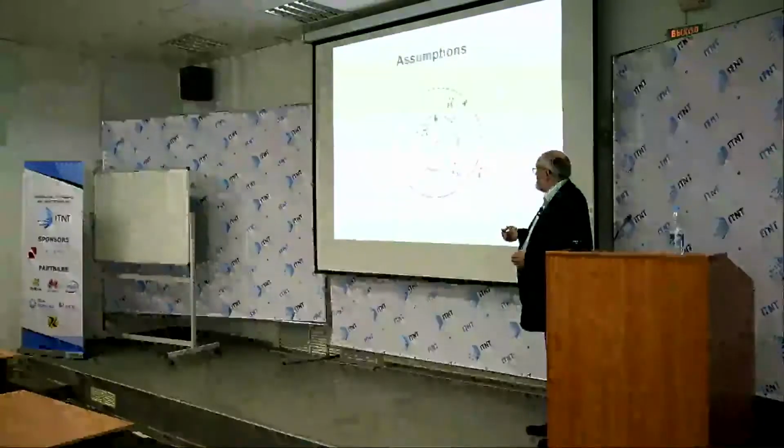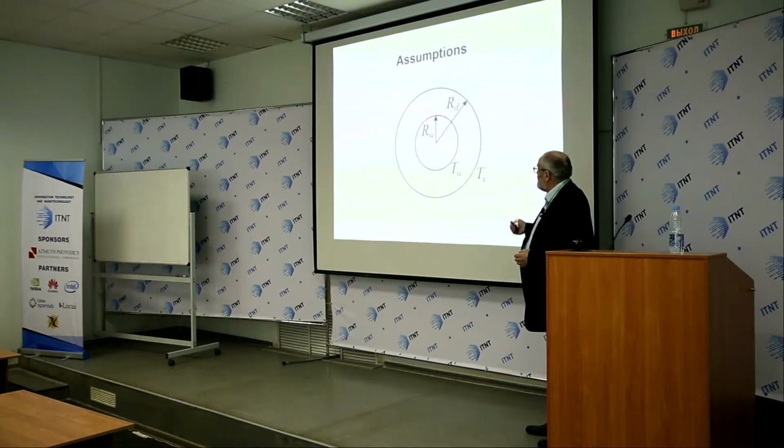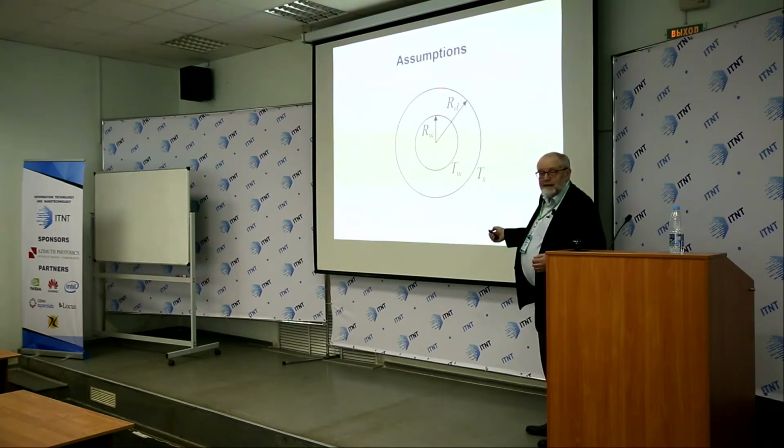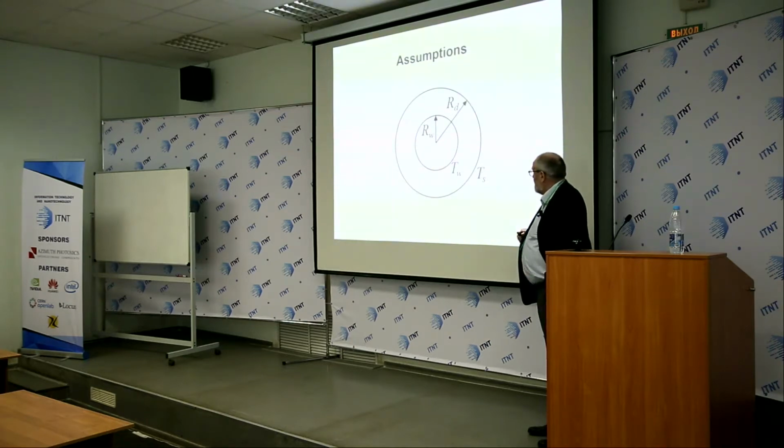So we considered that a water subdroplet of radius RW is located in the center of a big fuel droplet of radius RD. Then the temperature at the interface between water and fuel is TW, and the temperature at the surface of the fuel droplet is TS.